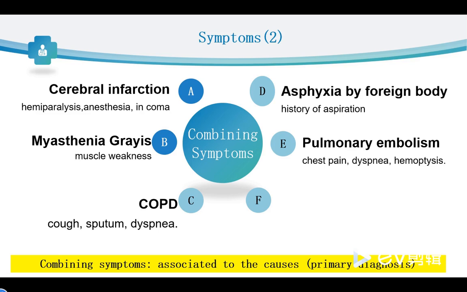If the respiratory failure is caused by pulmonary embolism, we usually can find chest pain, dyspnea, or hemoptysis in these patients, and so on. So, once we collect the information of the symptoms from the patients, we need to identify and analyze the suspected reasons for the symptoms. That's the symptoms of respiratory failure.